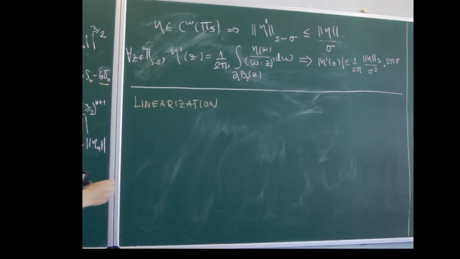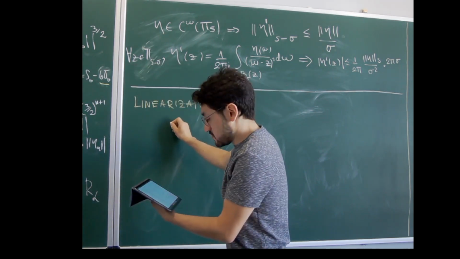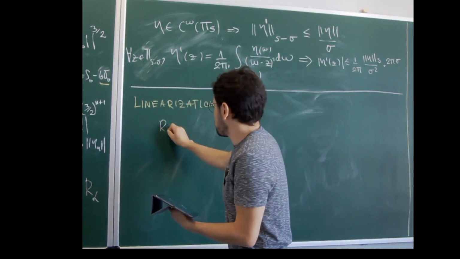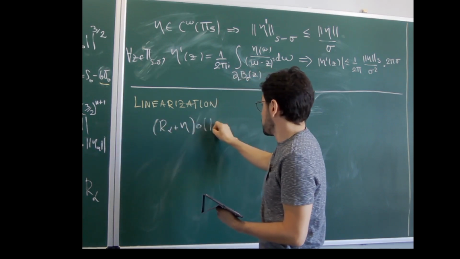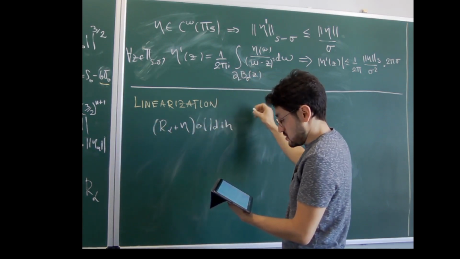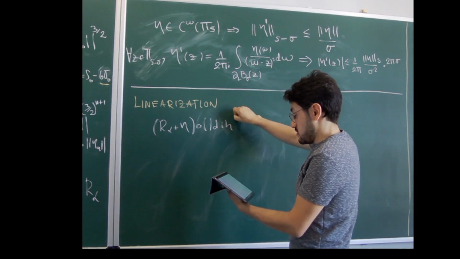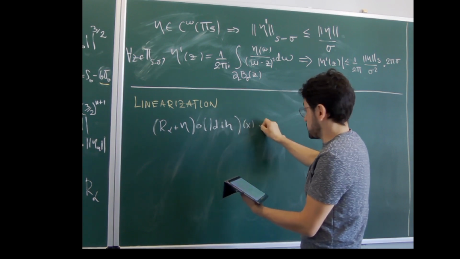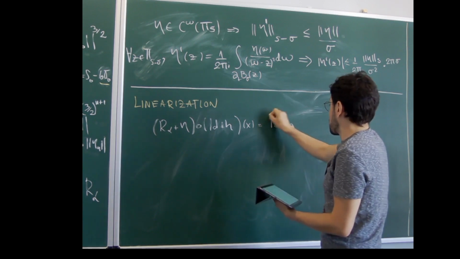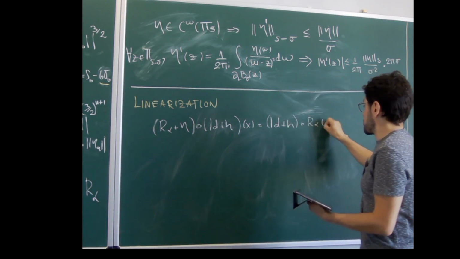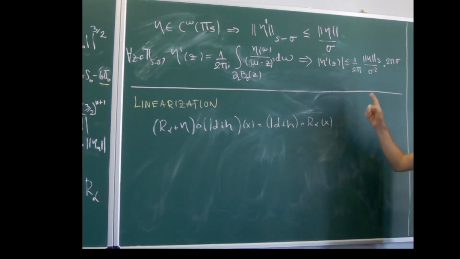Let me just say, you are trying to solve R alpha plus eta composed with identity plus h, of some point x, equal to identity plus h composed with R alpha of x. Imagine that I want to find some h that verifies this.